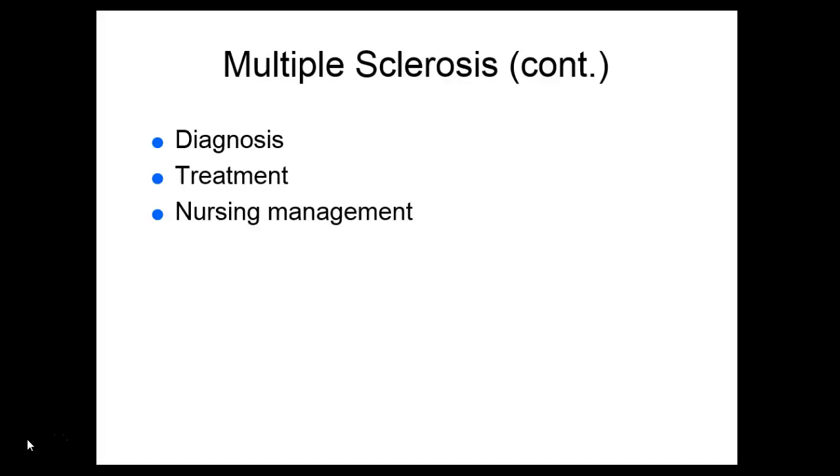Most therapeutic efforts are centered on supportive measures to maintain resistance to infection, reduce muscle spasticity, and manage specific symptoms such as double vision, speech disorders, and muscle weaknesses and fatigue. CNS stimulants may be prescribed to combat fatigue, and sometimes amantadine, otherwise known as Symmetrel, is also used for fatigue.